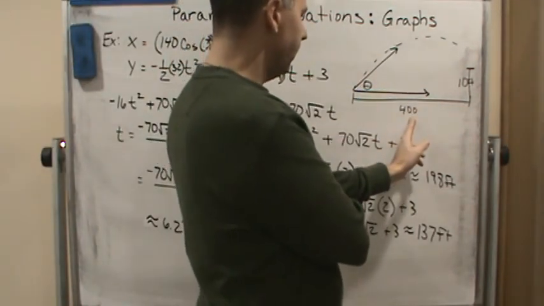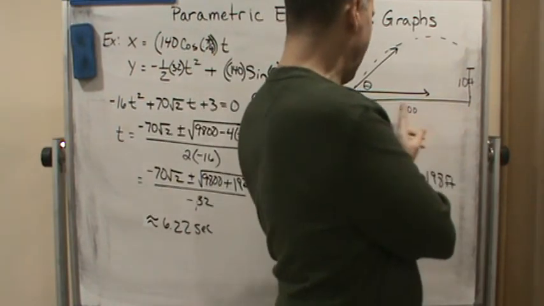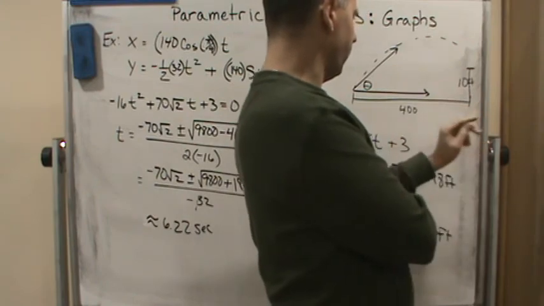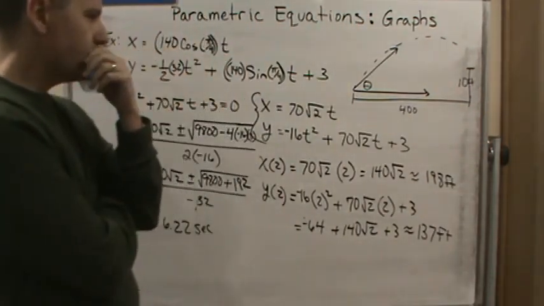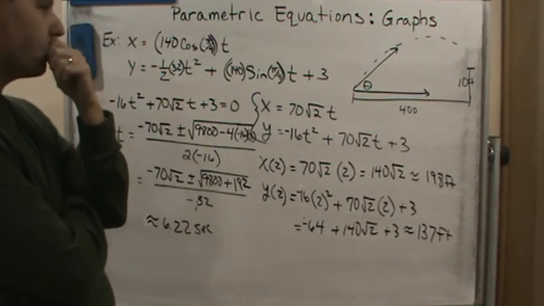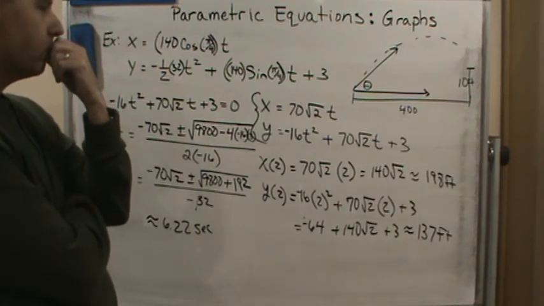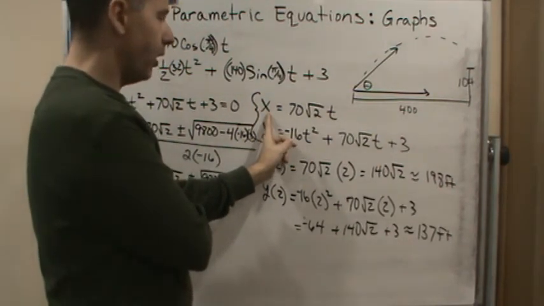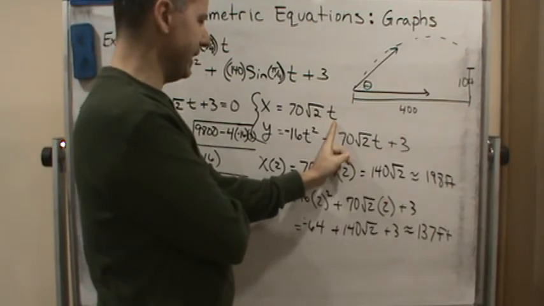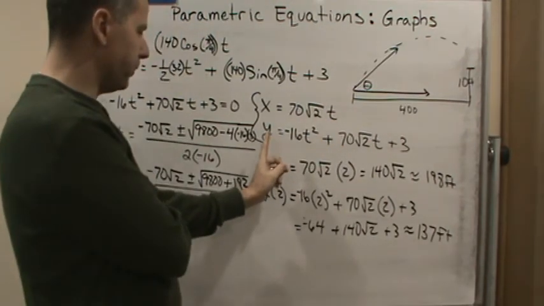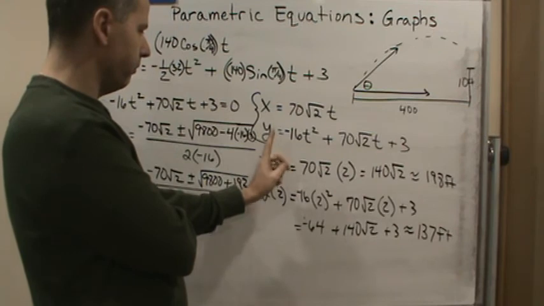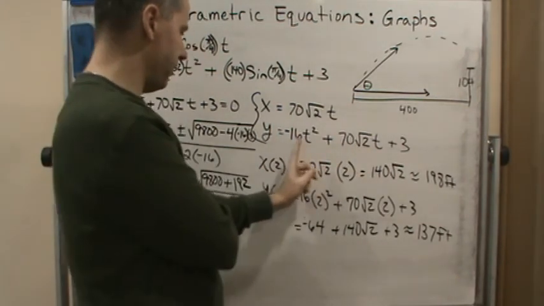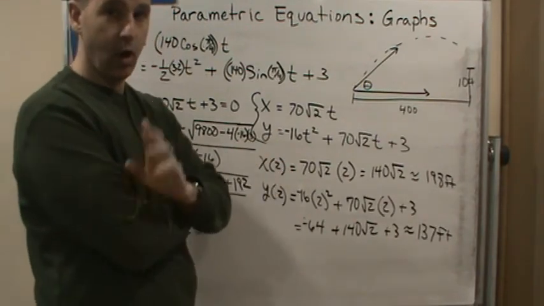So what are we going to do? Well, we're given the value of the distance, so we can plug in 400 for X and solve for t. And then we can plug that time in here and find out how high the ball was off the ground.